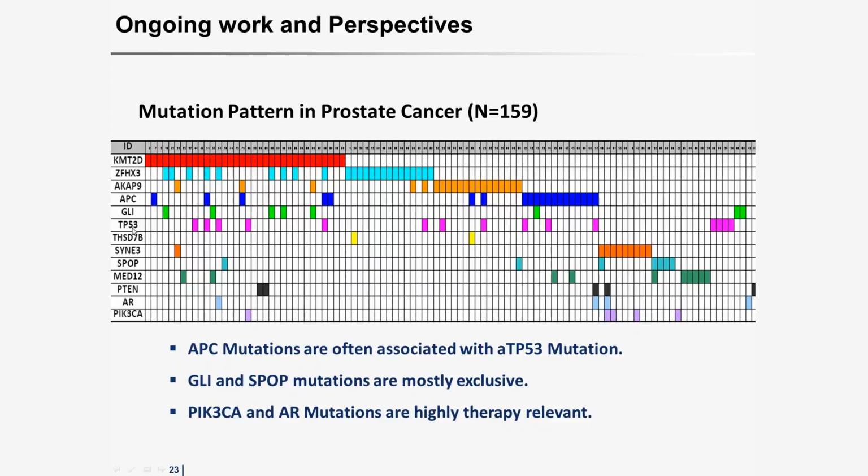And then we also found a lot of mutations in TP53 and in the APC gene. And interestingly, our study showed that P53 and APC mutations are often associated with each other, whereas GLI1 and the SPOP mutations are mostly exclusive.